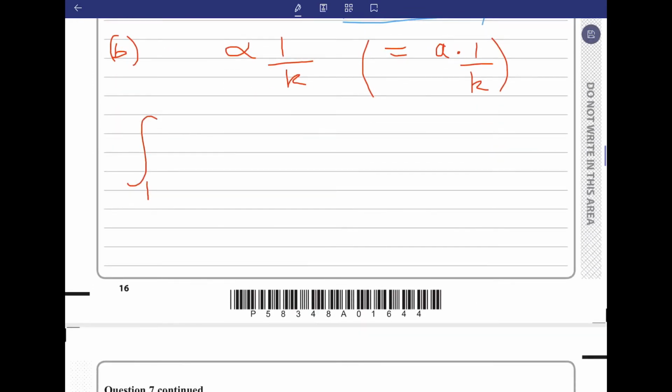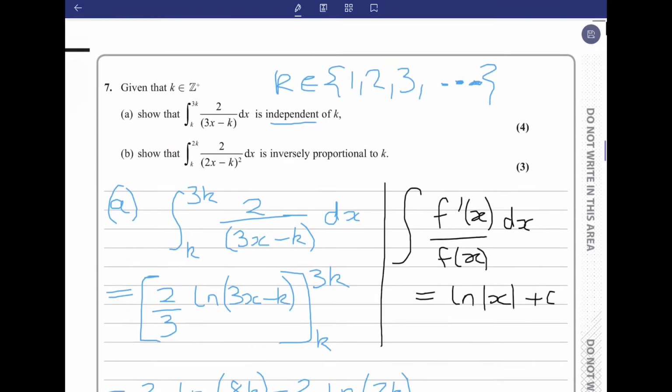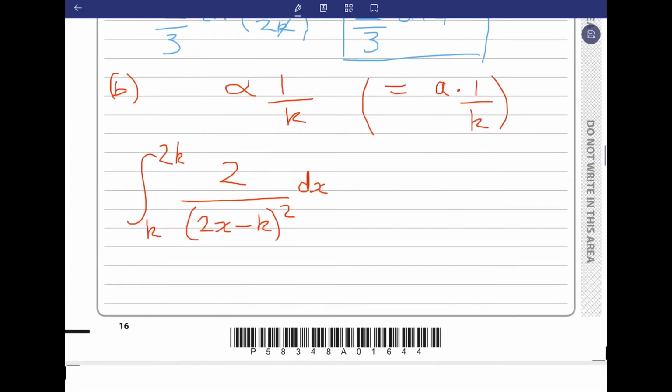Right, so let's write this integral down and have a go. So we have the integral from k to 2k, 2 over (2x minus k) squared dx. Just let me check I've got that right. Yep. So now, although it looks the same, it's a completely different operation to integrate this. You've got to use the reverse chain rule.